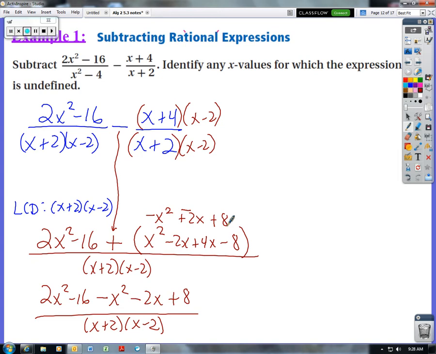Now, there is another way you can write it to get down to this point, especially if you don't like using a lot of paper. You could distribute this part up above. I'll do it in a different color. So that's x squared minus 2x plus 4x, which is the same as plus 2x, and then minus 8. Then you can do this step right here.